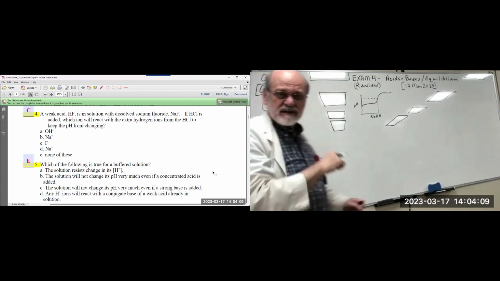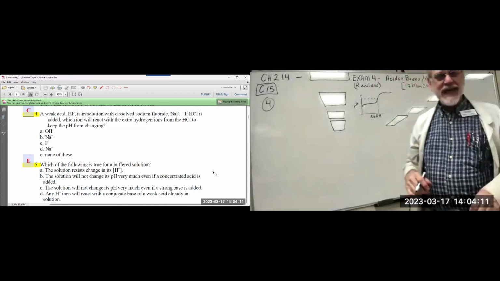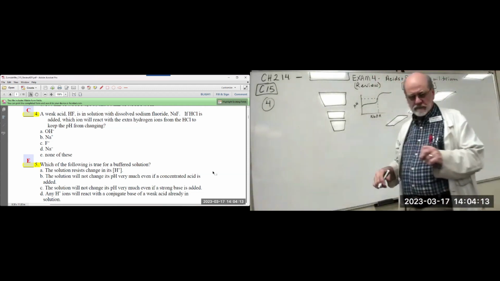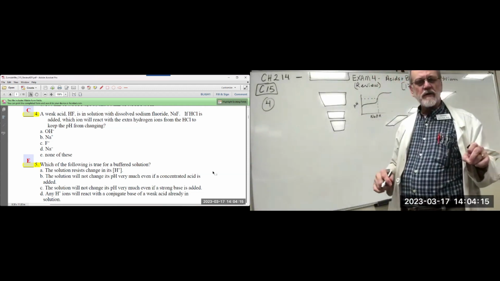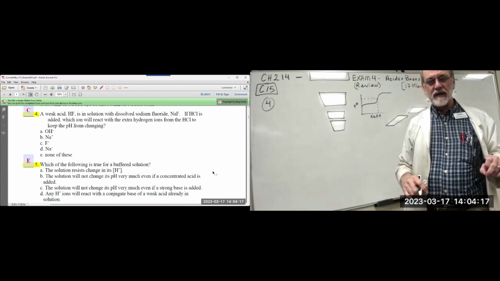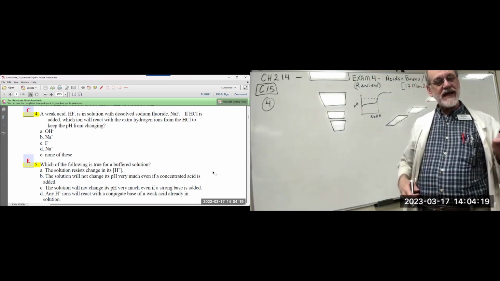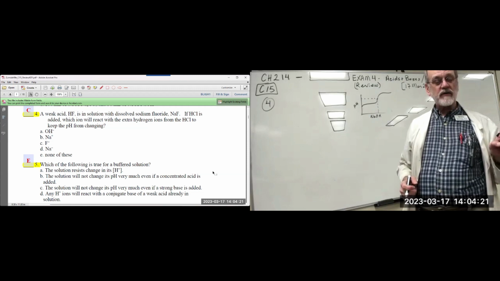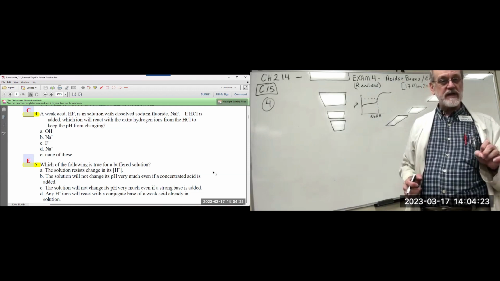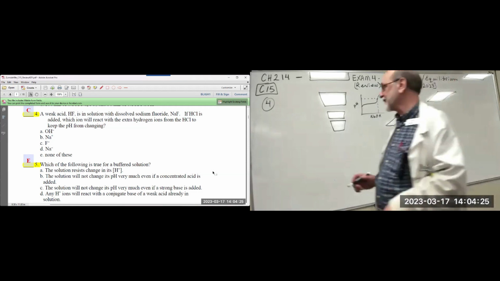A weak acid, HF, is in solution with dissolved sodium fluoride. If hydrochloric acid is added, which ion will react with the extra hydrogen ions from HCl to keep the pH from changing?